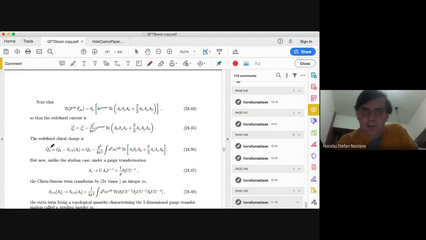And I also redefine the charge. Q̃_5 is Q_5 minus the Chern-Simons action, which is now g squared over 4π squared, the integral over space of ε^{ijk} trace of what we had before, A_i ∂_j A_k, but now plus this 2/3 A_i A_j A_k.